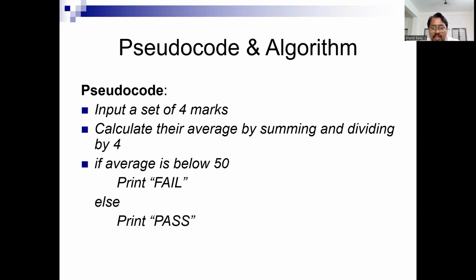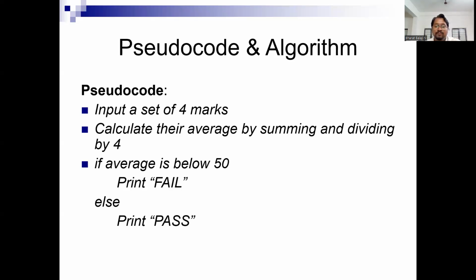And let us assume that in this algorithm, below 50% is fail and above 50% is pass. The pass mark is 50. If we got 50, he is pass. Above 50, pass. Below 50, fail. If the average calculated by the above step is below 50, then print fail.